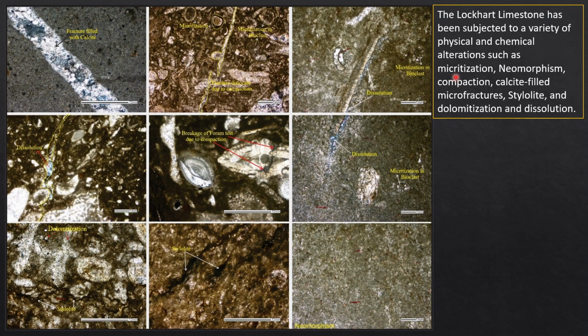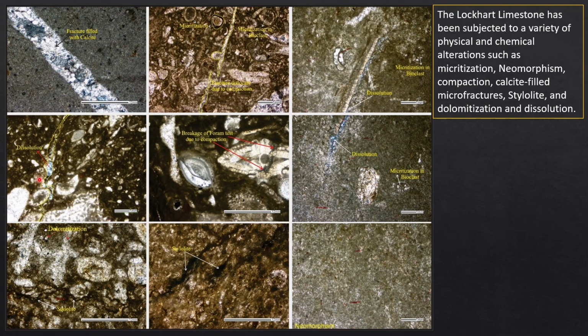In the Lockhart limestone, we found micritization, we found neomorphism, which is change of the mineral from aragonite to calcite, and compaction due to compression. We found microfractures, which later on were filled by calcite.